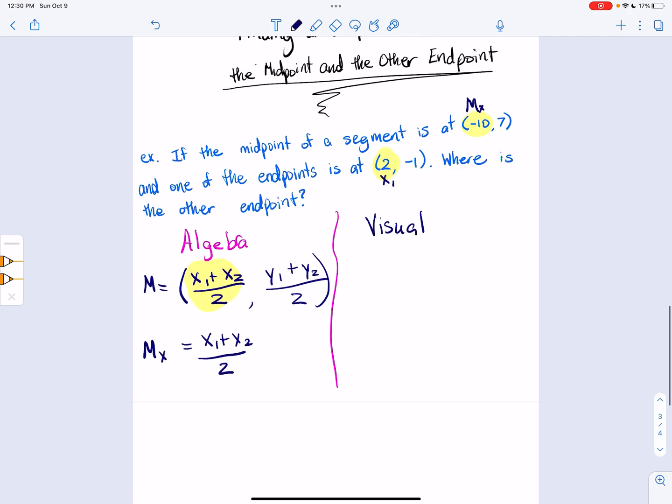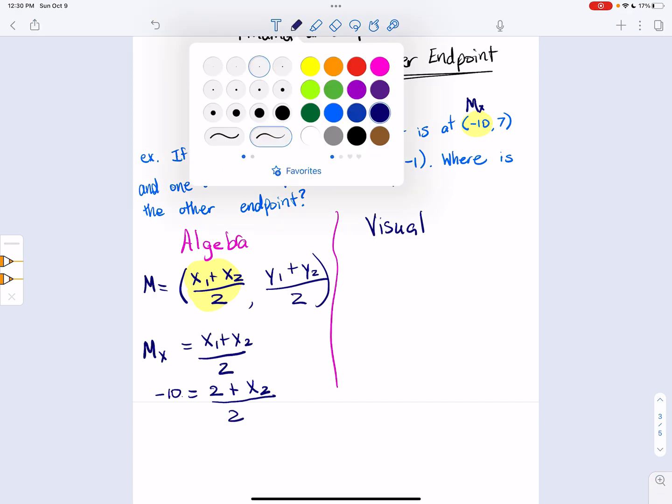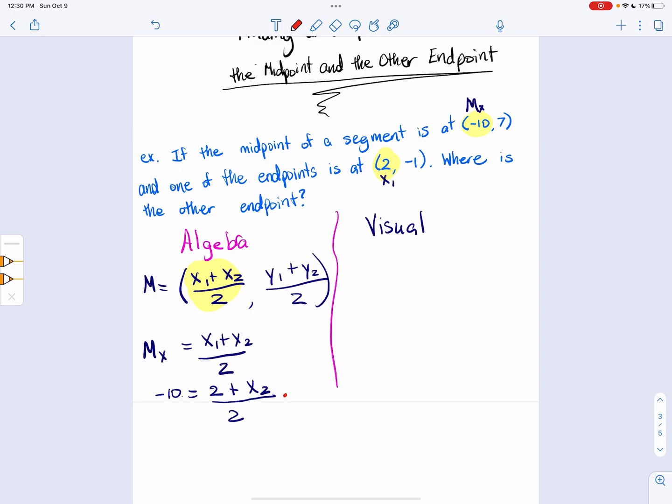Now continuing, the midpoint of x we actually do know, it's negative 10. So I have negative 10 is equal to x1, which we also know, it's 2, so 2 plus x2, which we don't know, over 2. In order to solve this, since that's divided by 2, we have to start by multiplying by 2.